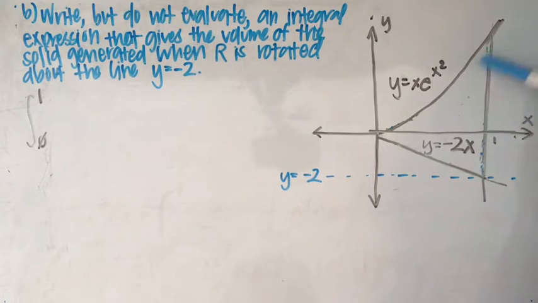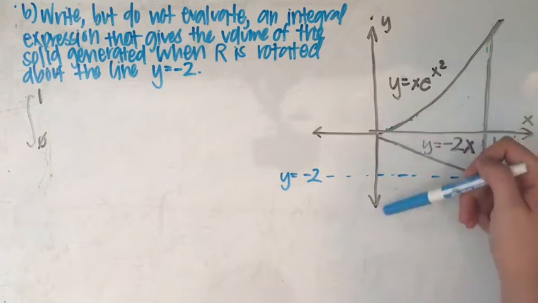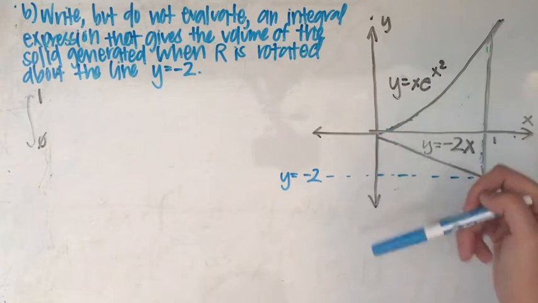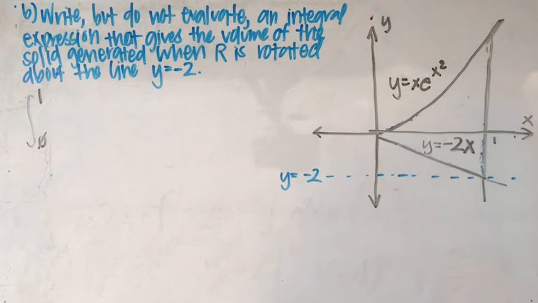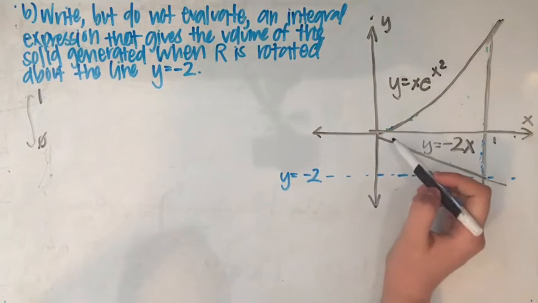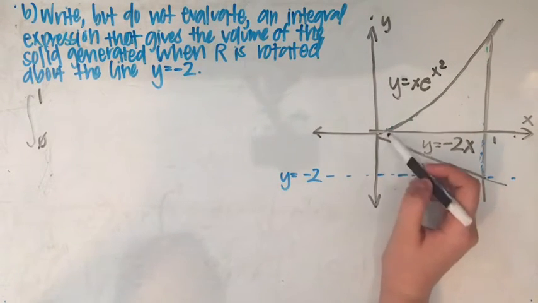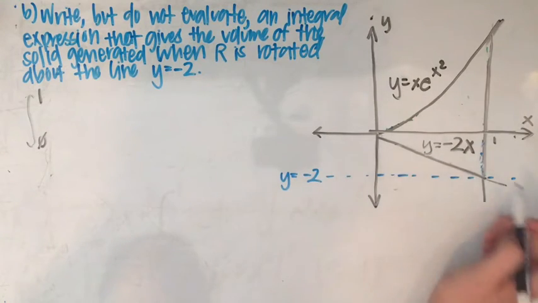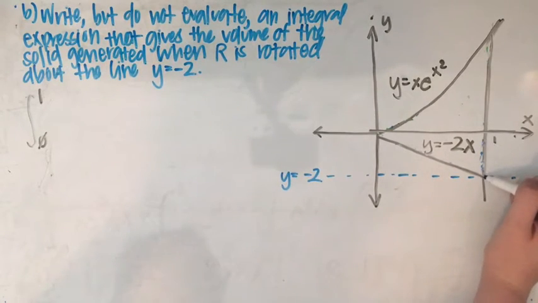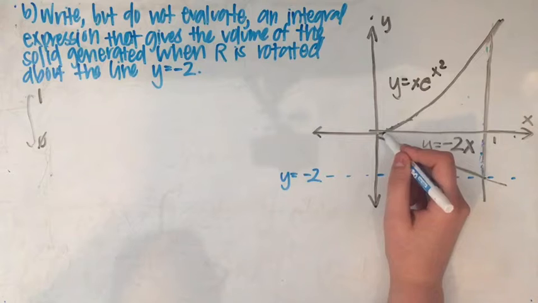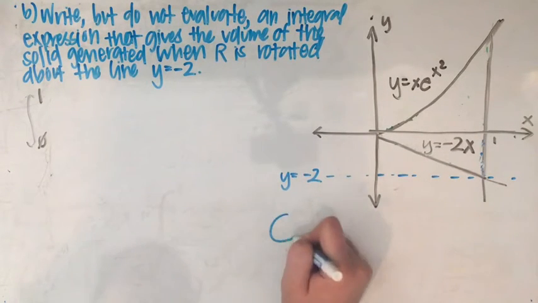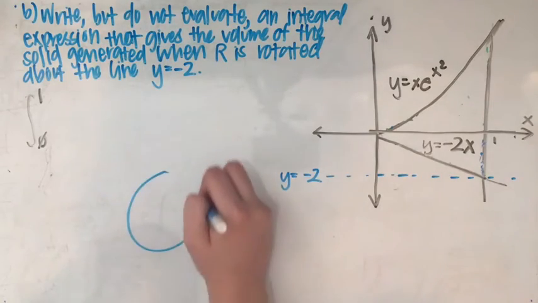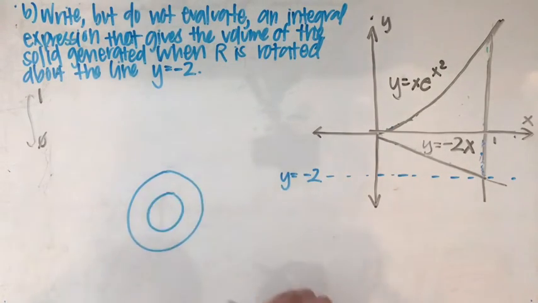So we're rotating this solid here around this line. So it's going to be rotated like this, perpendicular to the x-axis. And our cross sections are going to end up looking like washers, right? Except for one at the very end, because you have this area and then there's some empty space. So they're going to end up looking like this, like a washer.